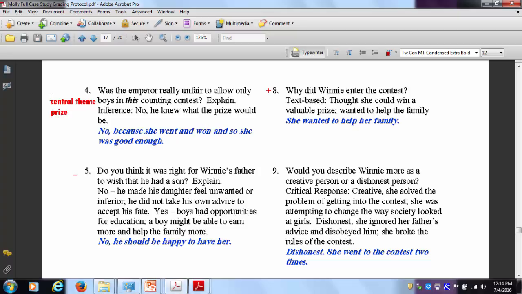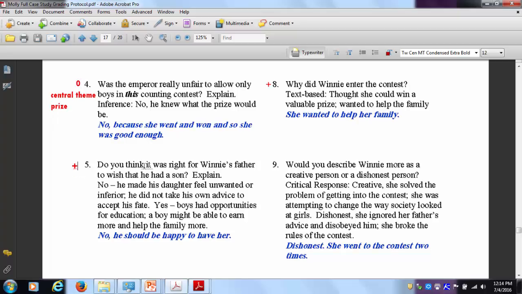All right? And so she won, so she's good enough. No critique, no value judgment whatsoever. So we have to put that as a 0. 5, she's pretty good here. He should be happy to have her, and that's the truth.